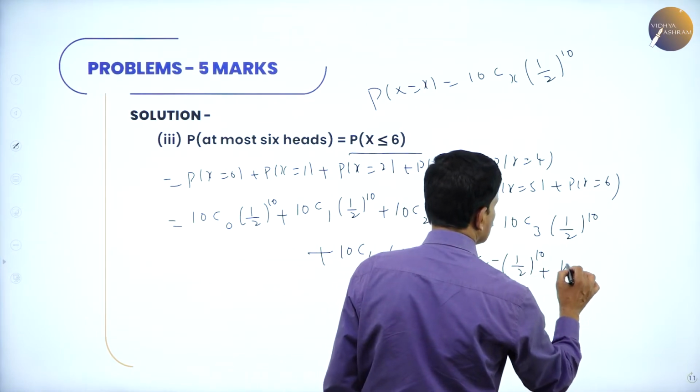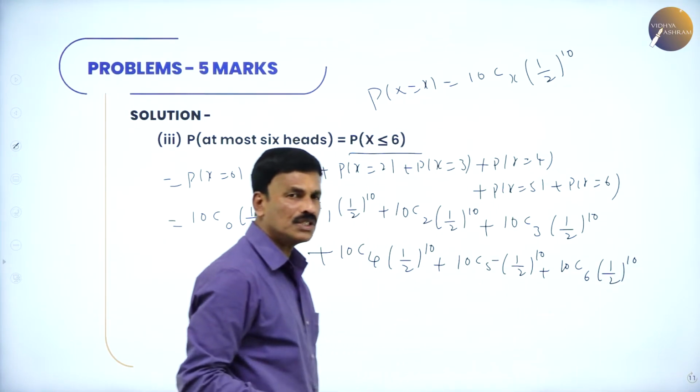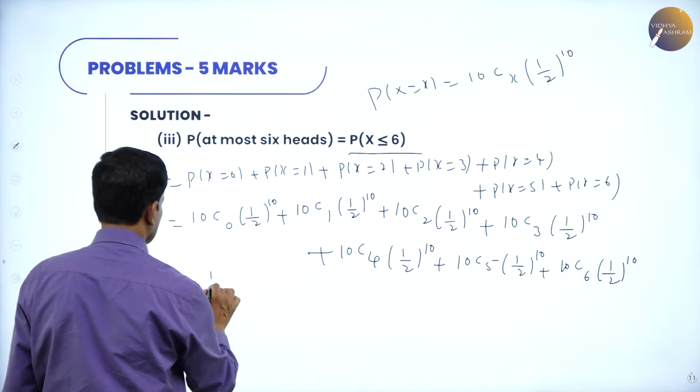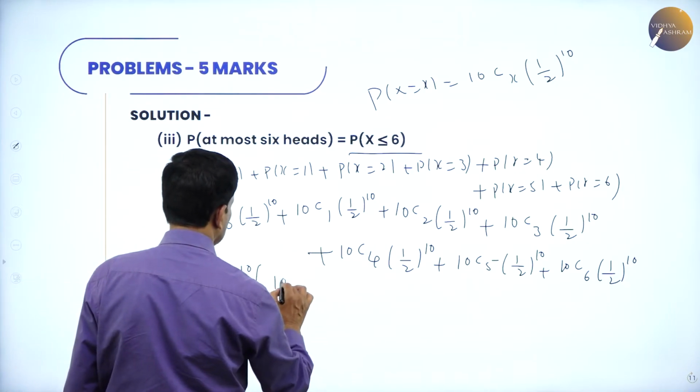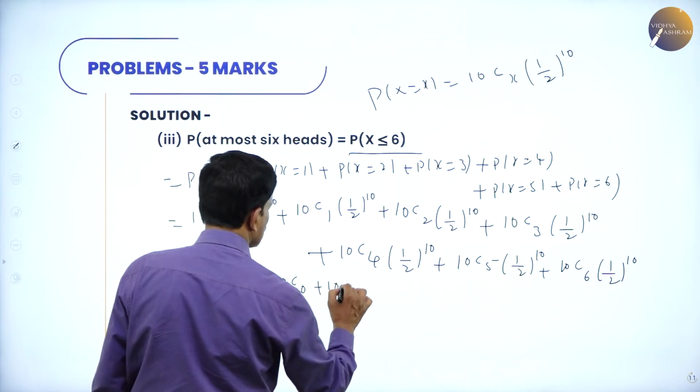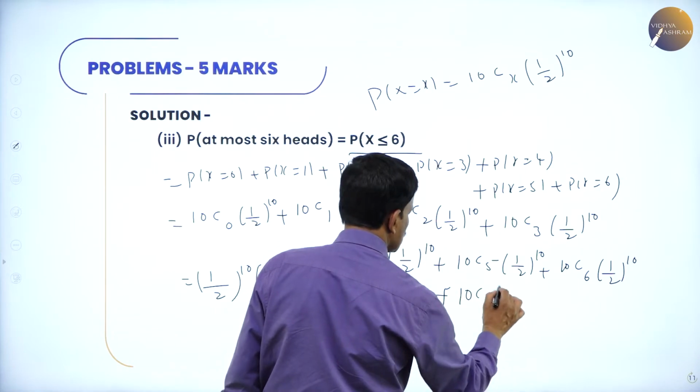The last one is 10C6 1 by 2 to the power of 10. So here also you can take the common factor 1 by 2 to the power of 10 and simplify the remaining 10C0 plus 10C1 plus etcetera. The last term is 10C6.